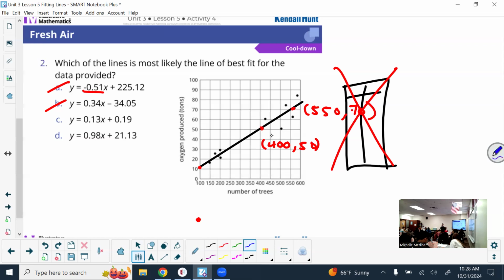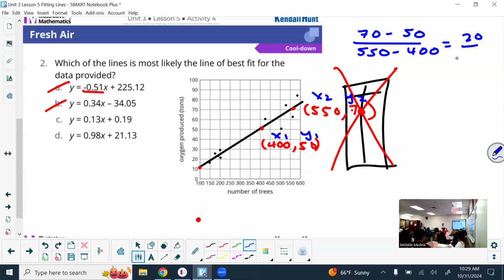When I label them x1, y1, and the other as x2, y2, and put it in that formula, I'm rushing, so sorry. y2 minus y1 over x2 minus x1, I get 20 over 150, and that should be closer to one of the decimals, which is 0.13, if you care. C is the best answer.